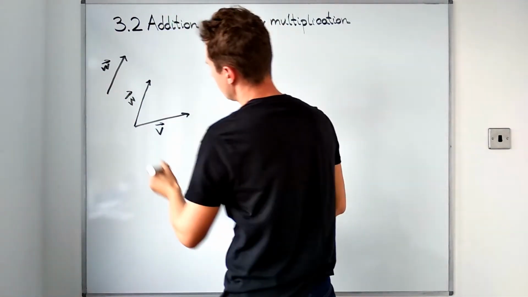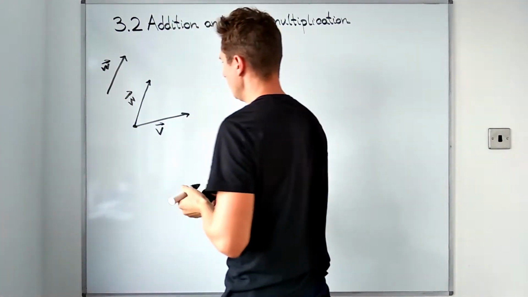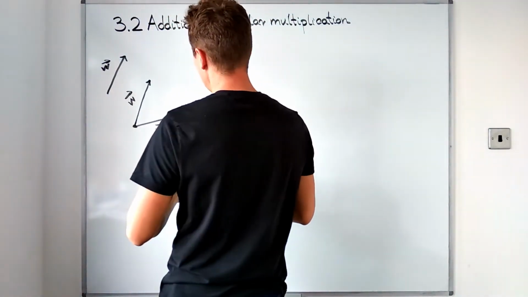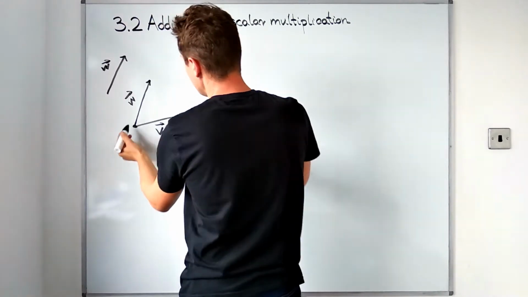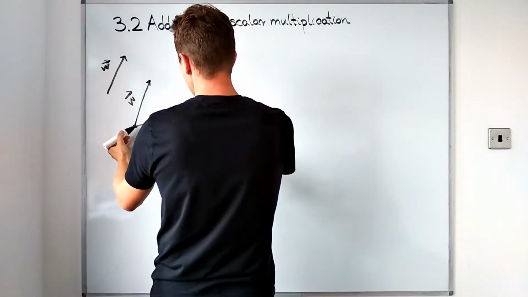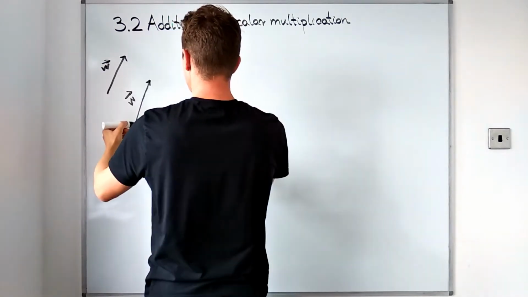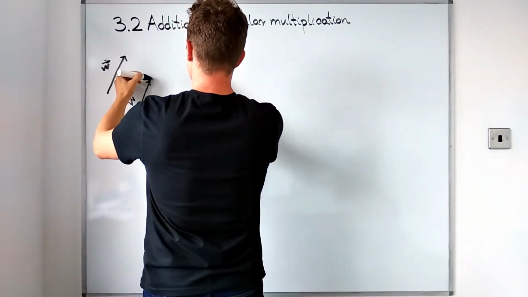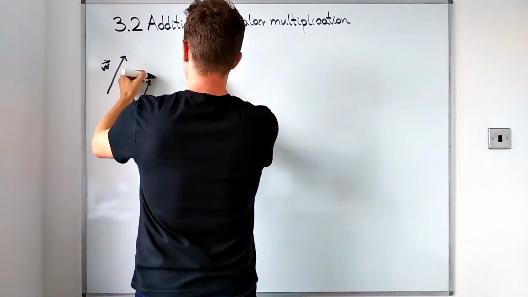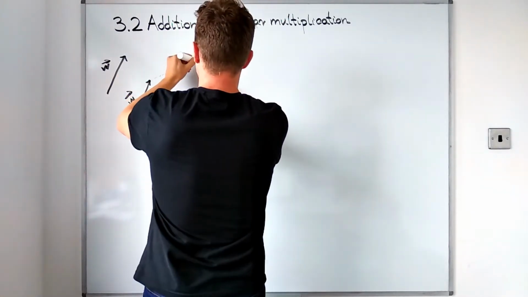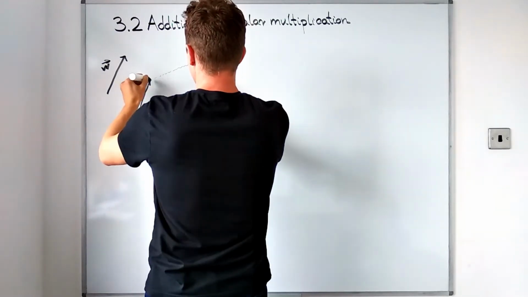First of all they have to have the same initial point, and then we can add them according to the parallelogram rule, which means that we shift the vectors along one another. So we shift v along w to get to that point, and that is the endpoint, our sum.